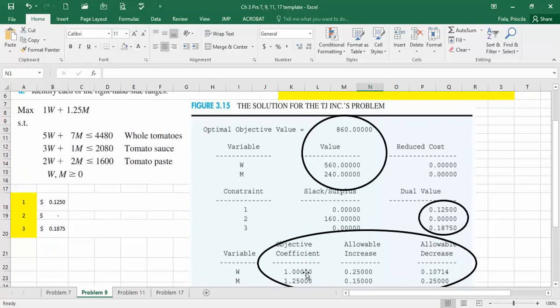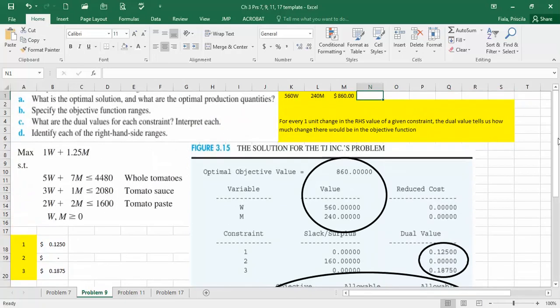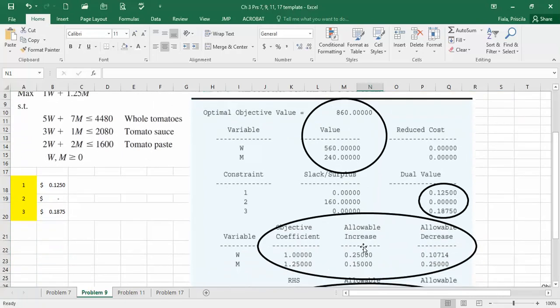And then they are asking you for a range, right? Therefore, we're going to look at these values. How much can we decrease and how much can we increase?